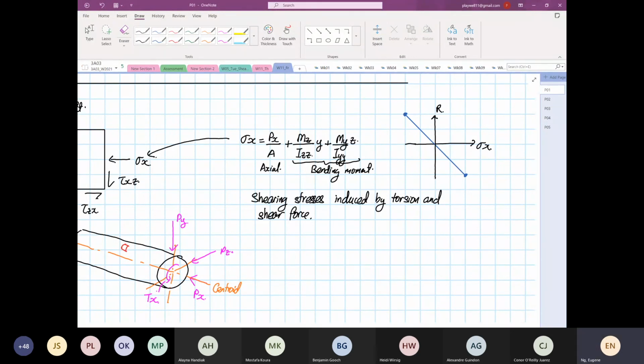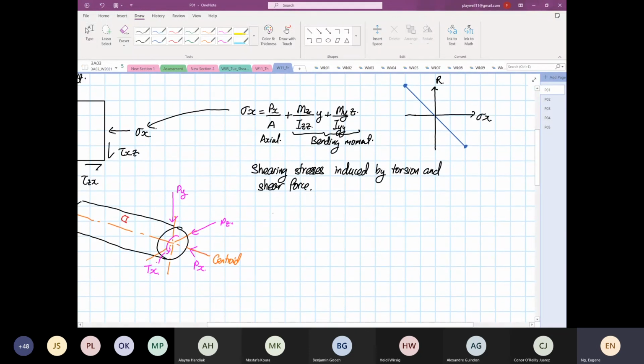Now when we look at our shearing stress, there are two. One is due to torsion and one is due to shear force. The torsion one is shear xz equal to shear zx, which is equal to Tx multiplied by radius divided by the second polar moment of area.